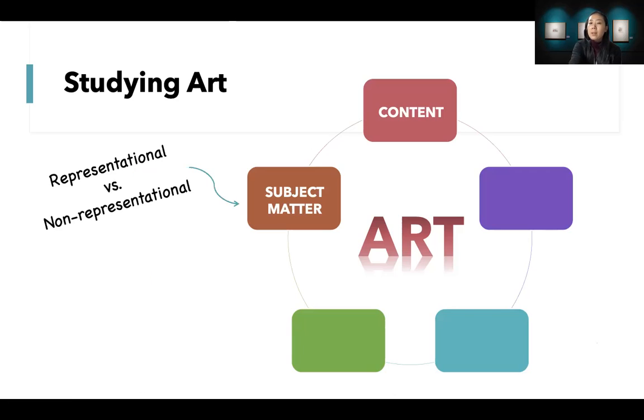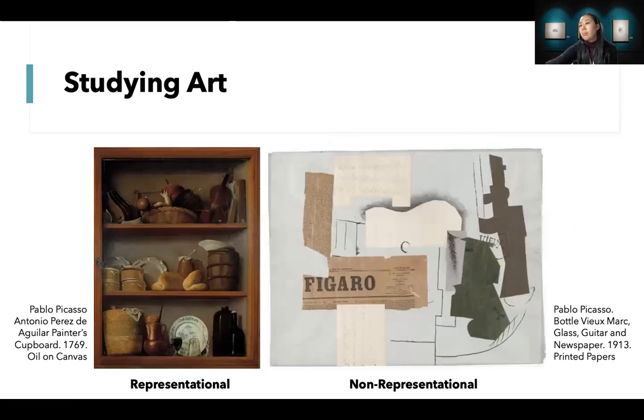So this point will be clear if we understand the concept of representation, non-objectivity, and abstraction, like this. So representational artworks are also called objective, the left one, meaning that everyone agrees on the subject matter, and non-objective works of art are deliberately not recognizable as something we might see in the world around us.